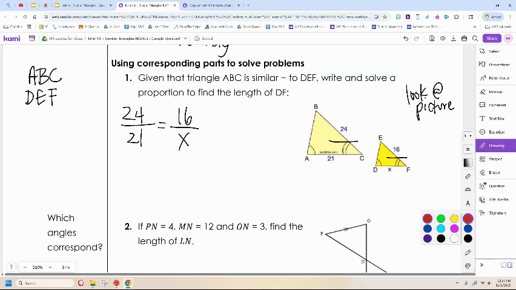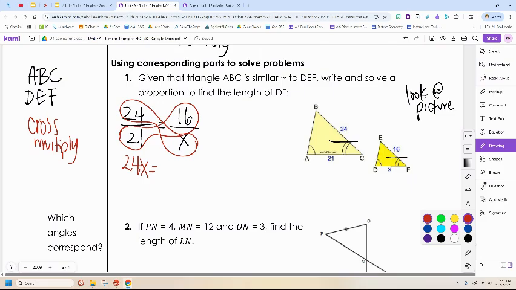So to solve, you're going to do cross multiplication. So x times 24 is 24x. I have to pick up the calculator. I do 21 times 16. I got 336.